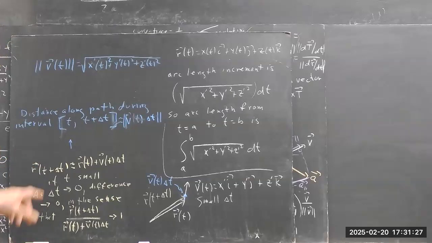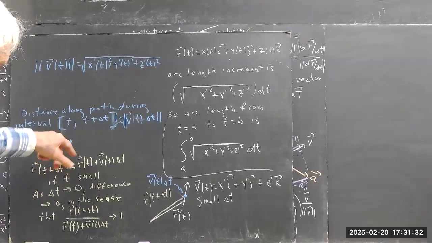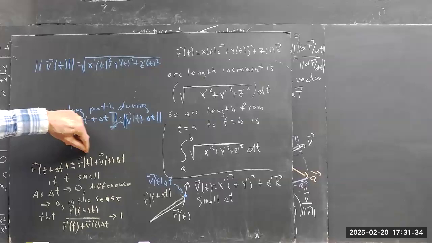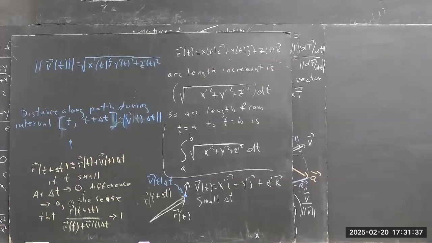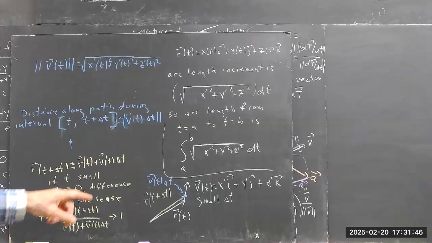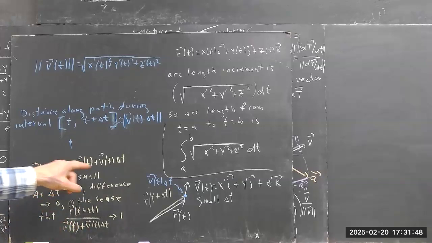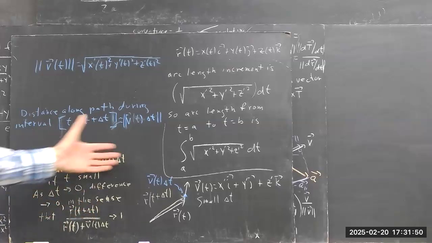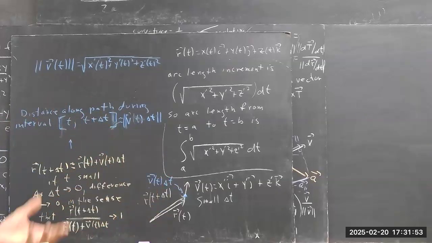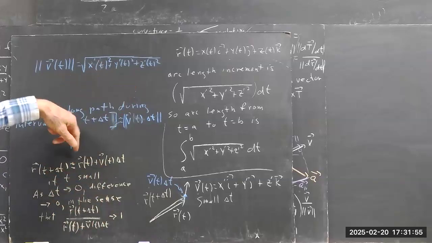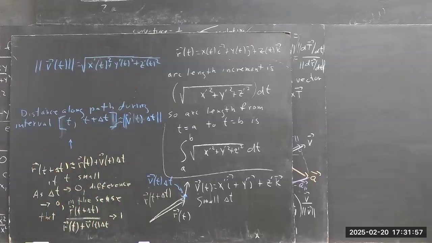Okay, so I say r of t plus delta t is approximately equal, those are wavy equal signs, it's not equal, to r of t plus v of t delta t. But if delta t is small, we expect it's going to be very close. As delta t approaches zero, the difference between this and this approaches zero, assuming that this is a smooth function, a differentiable function, and continuous and all that stuff.